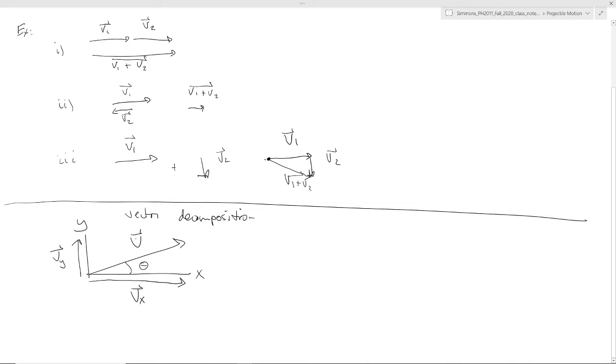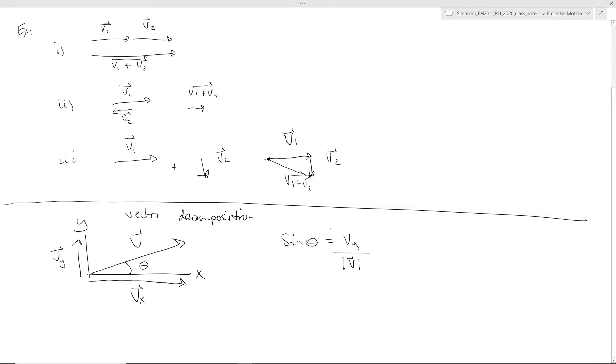So recall your trig functions. Sine theta is going to be what? That'll be Vy over V. When I say V, I mean just the length of V, so I'll put a couple bars there to indicate the magnitude.